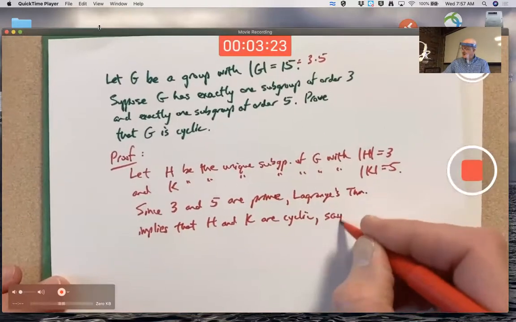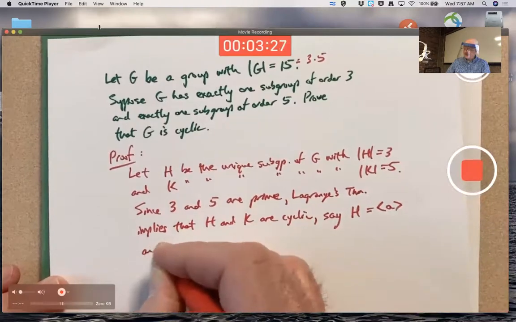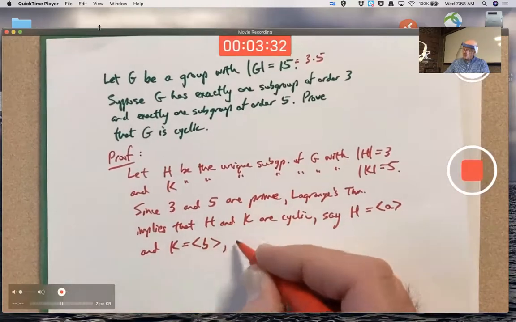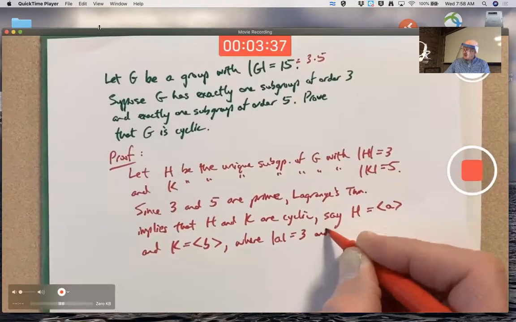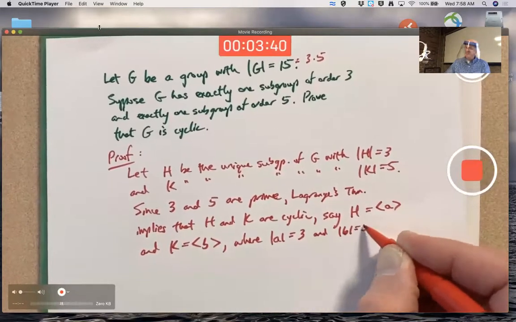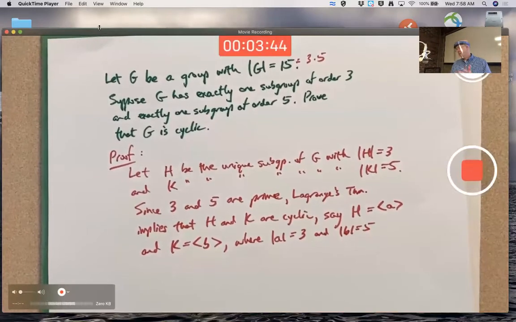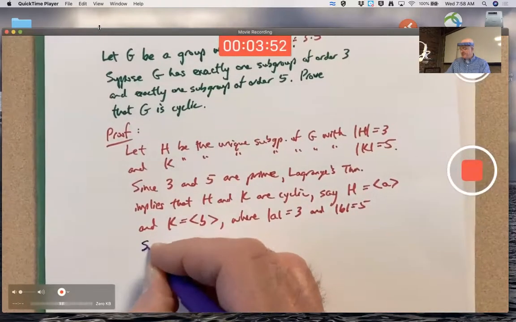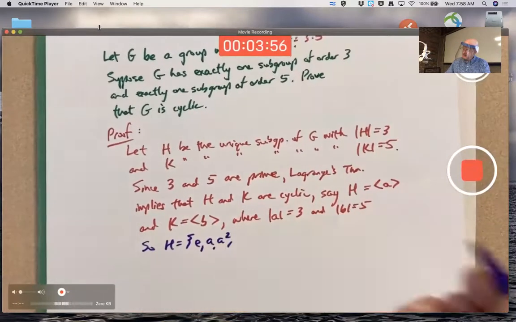You could say something like H is generated by A and K is generated by B, where the order of A is 3 and the order of B is 5. And then if you wanted to be even more specific, it's probably not absolutely necessary, but you could list out the elements of H and K. So H equals {E, A, A squared}.